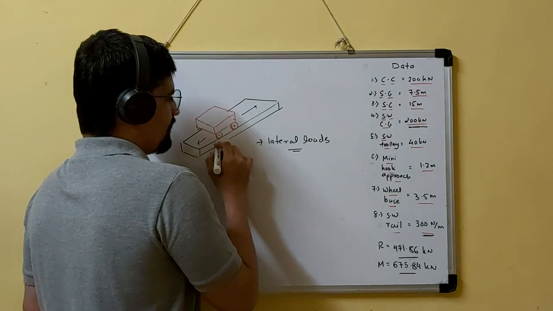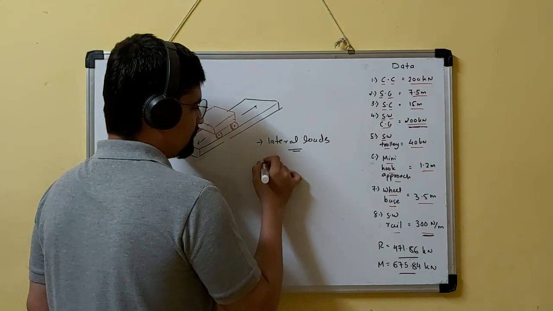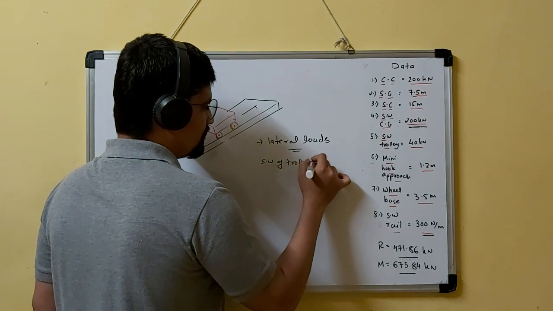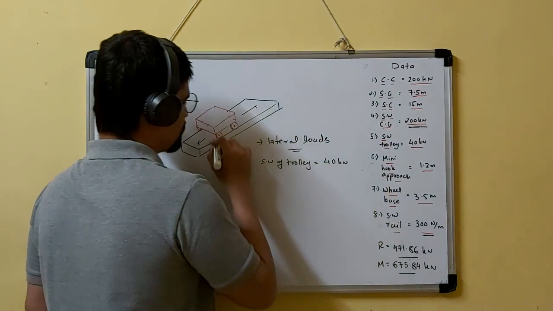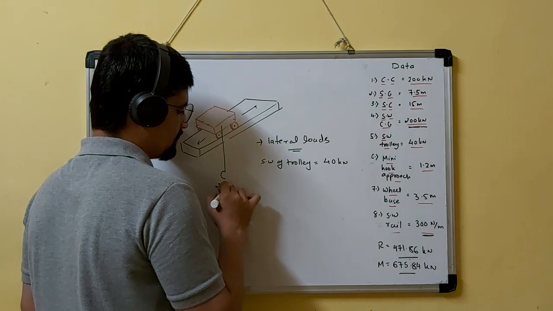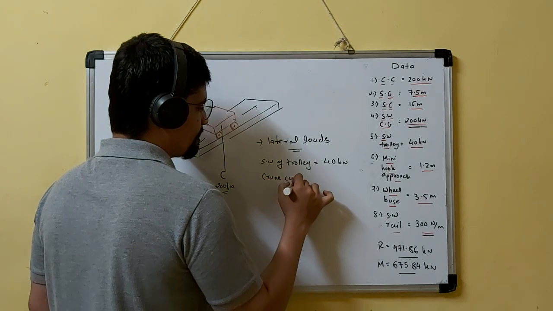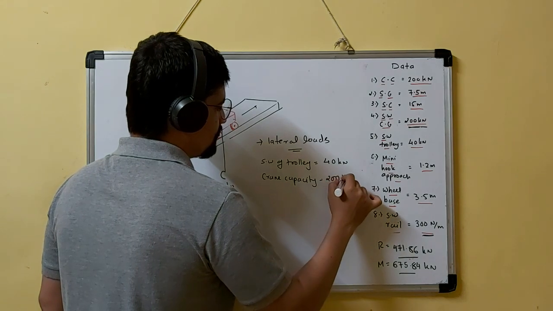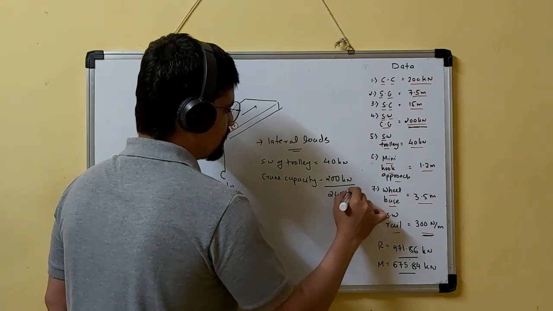The trolley has its self weight, which is given as 40 kilonewton, and another load, the lifted load, which is the crane capacity, 200 kilonewton. So the total load carried by the trolley is 240 kilonewton.